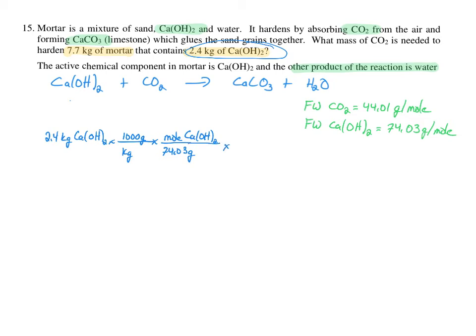Now that we're to moles, we can use our balanced chemical equation. Here, this is relatively easy. We have a 1-to-1 mole ratio. Every mole of calcium hydroxide is going to produce a mole of calcium carbonate.